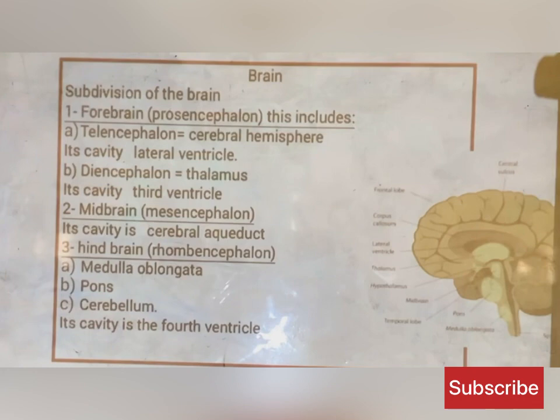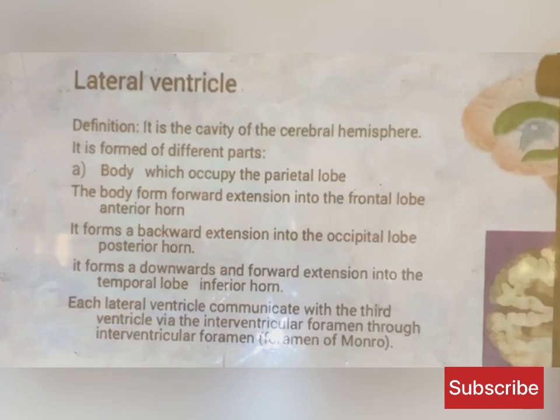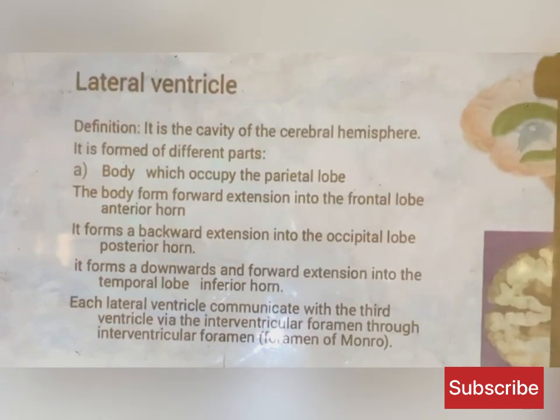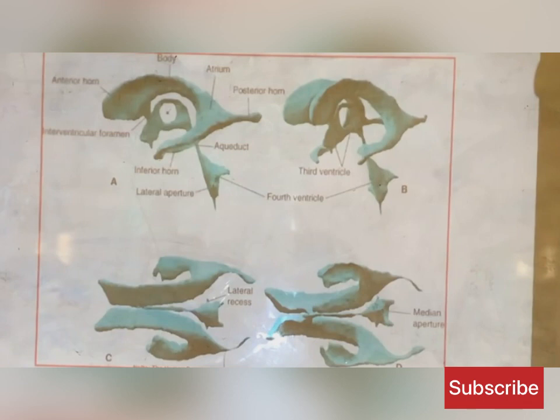Are you clear? Now we have seen that all these brain vesicles that finally give rise to the nervous system consist of all these spaces. Now, for the lateral ventricle, this is just a diagram of the entire spaces in the three brain vesicles. You get it?